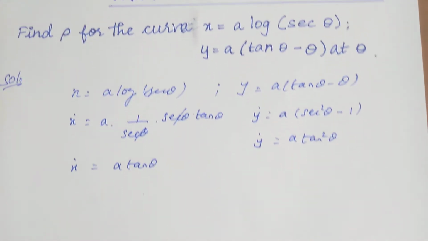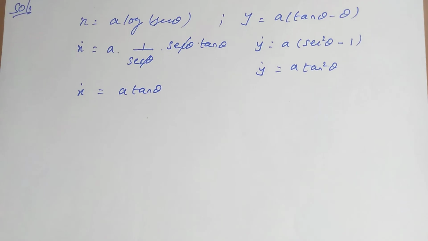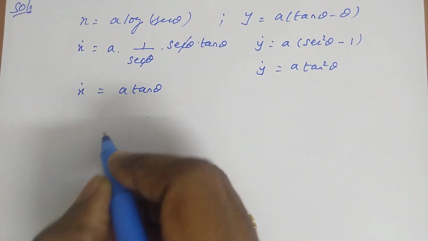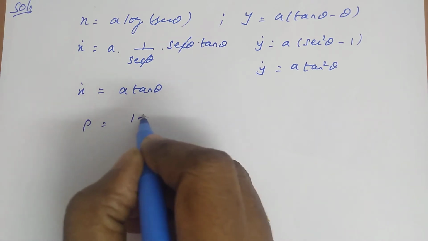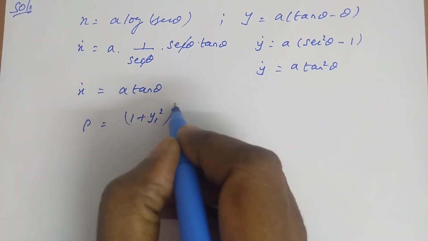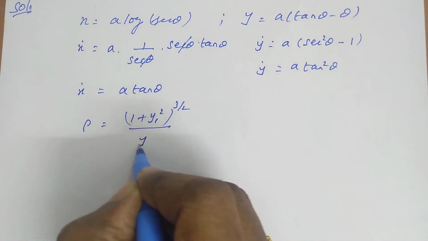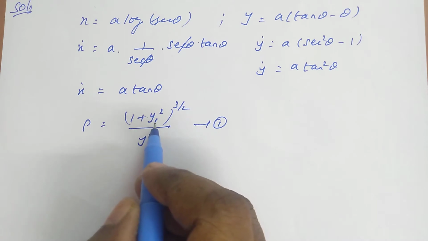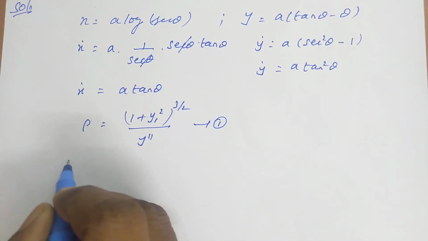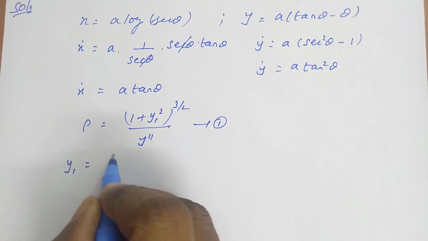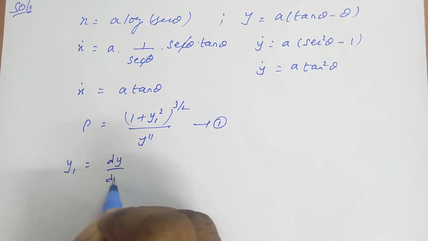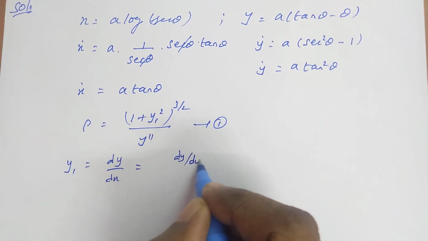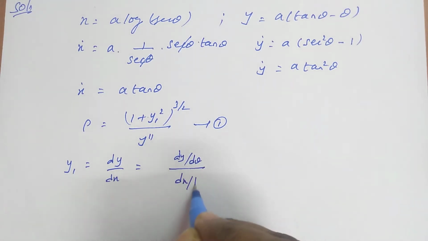So now we are going to write the formula for radius of curvature. What is the formula for radius of curvature? Rho is equal to (1 plus y dash square) whole power 3 by 2 by y double dash. Okay, we can call this equation 1. So now we are going to find y dash. What is y dash? y dash is nothing but dy by dx, that is nothing but dy by d theta divided by dx by d theta.